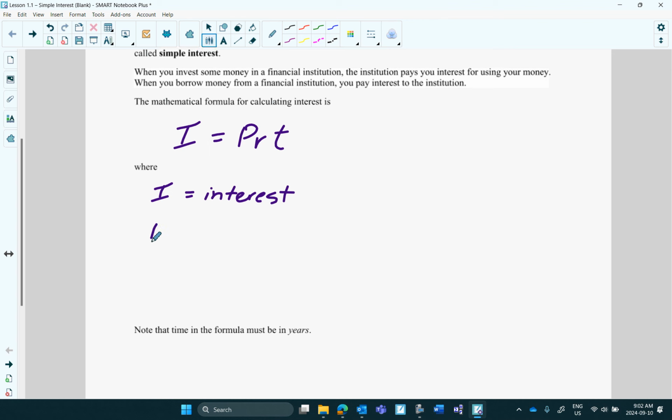P, and this is what we're going to commonly use in any type of financing, home or vehicle, is the amount of your investment, or the amount that you borrow, that we call the principal.